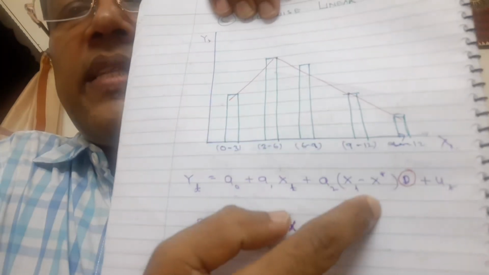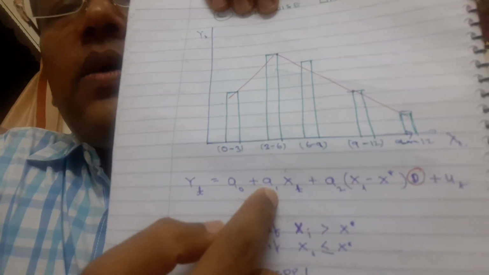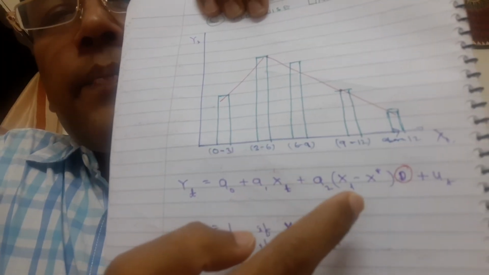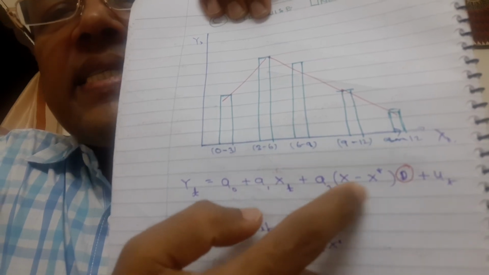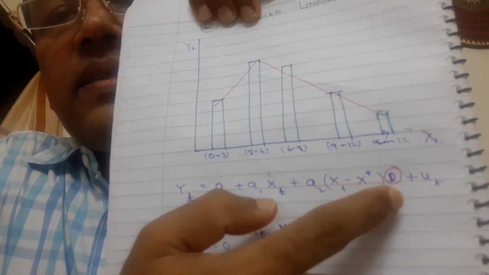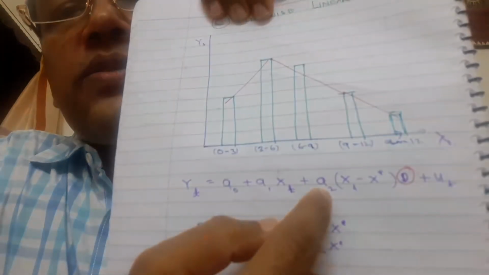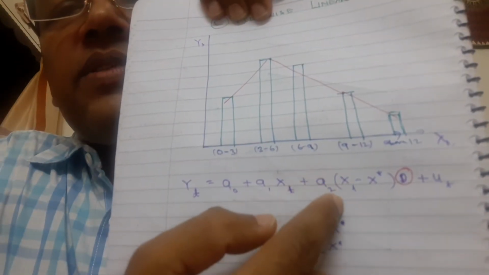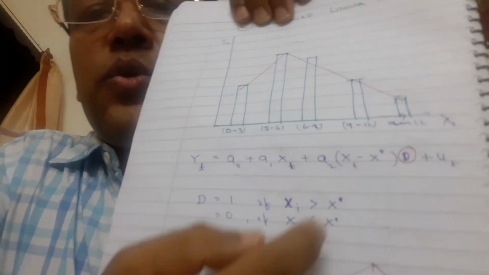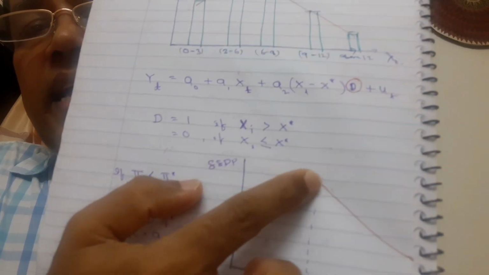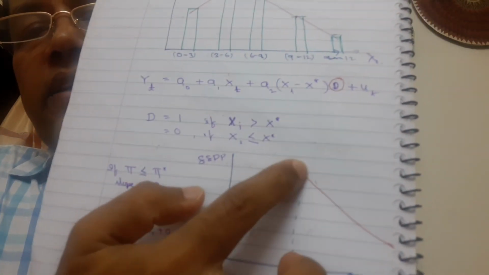Then the slope coefficient is A1. For all those years for which xt is greater than x star, D is equal to 1. Because D is equal to 1, the coefficient of inflation becomes A1 plus A2. So you have a regression where one line has slope A1 and the other line has slope A1 plus A2.